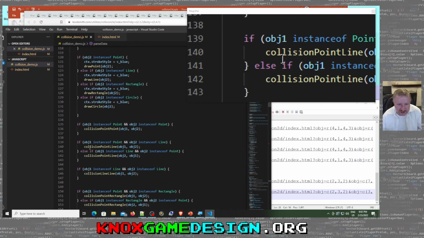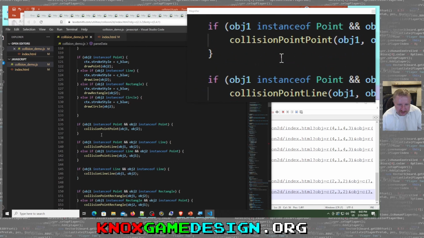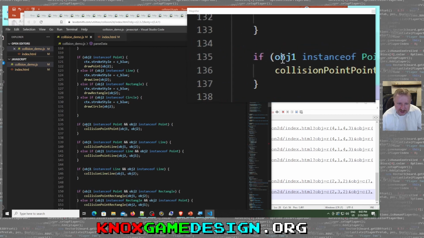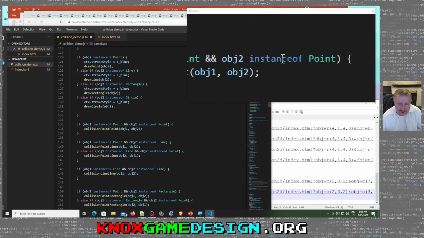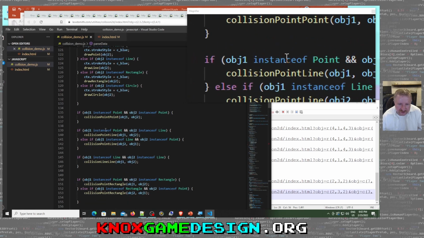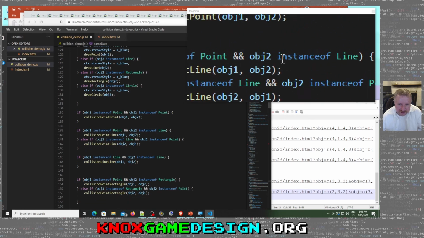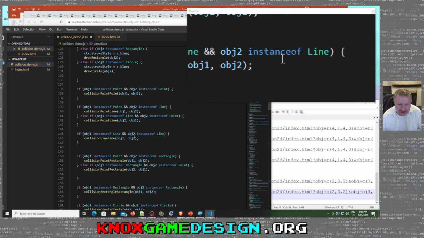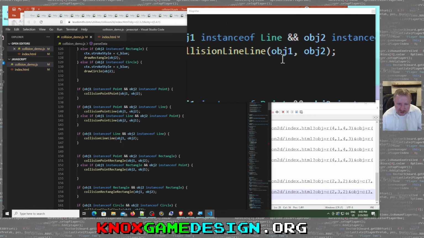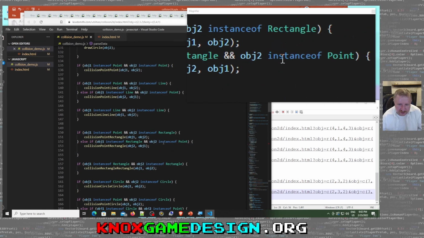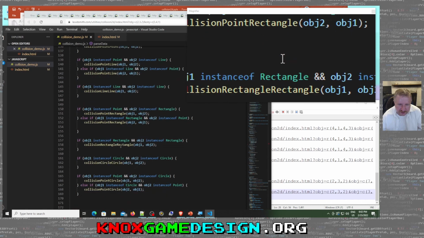So here's the collision. I actually had this appended to the draw. For each of the object types, we check if object 1 is a point and object 2 is a point, then we call collision point point. If it's a point and a line, or a line and a point, then we do collision point line. If they're both lines, then collision line line. If we've got a point and a rectangle, or a rectangle and a point, then we call collision point rectangle.